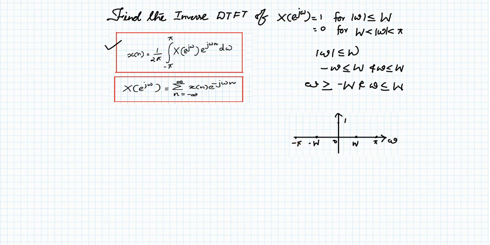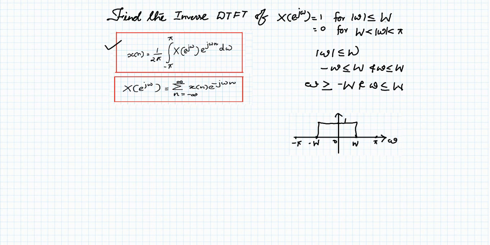And in this question, we got ω greater than or equal to minus W. So this is minus W and this is plus W. So I can plot this waveform, whose magnitude is 1 from minus W to plus W. That's the meaning of |ω| ≤ W.